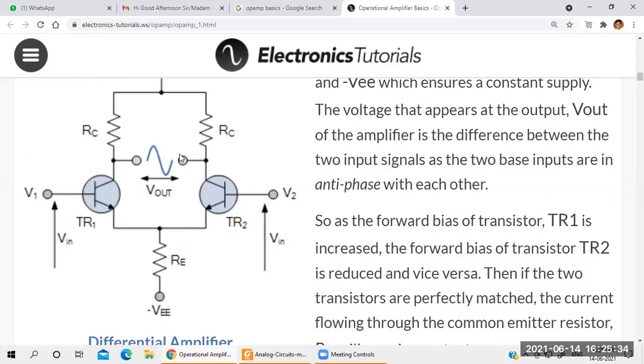So where is the output here? Output is only single here. There are two inputs for the op-amp, right? And one output for the op-amp. Where is output here? That is from these two transistor collector terminals.